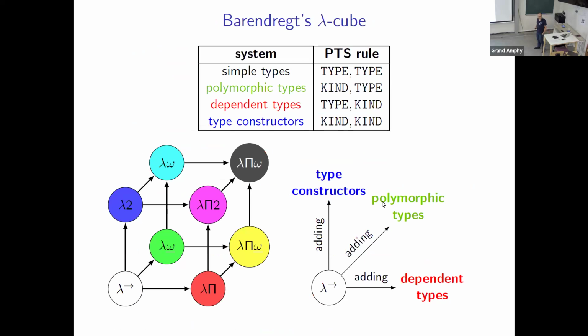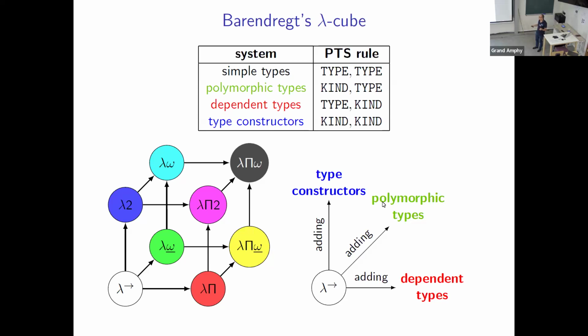And so we can put all these things together, and we get the famous lambda cube. What is interesting to remark is that each one of these product rules corresponds to a specific feature. For simple types, then if we add polymorphism, we need to add this rule. If we want to have dependent types, we add this rule.